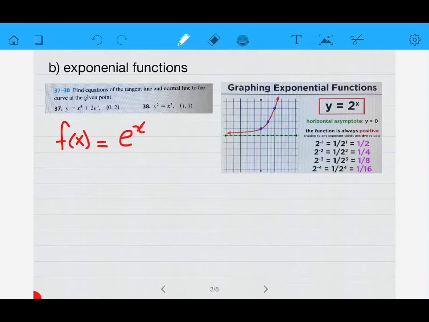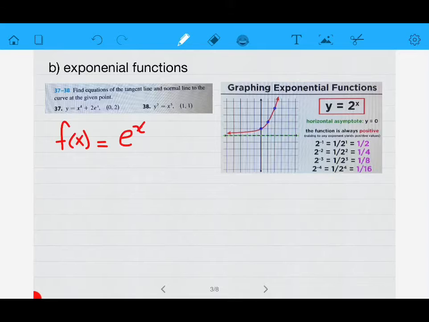The function is always positive, it's not negative. We cannot find the exponential function as negative. If we have 2 to the power negative 1, we will see the number gets very close to 0 for the horizontal asymptote.